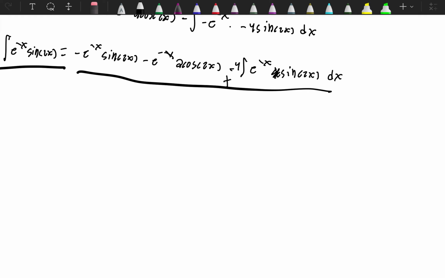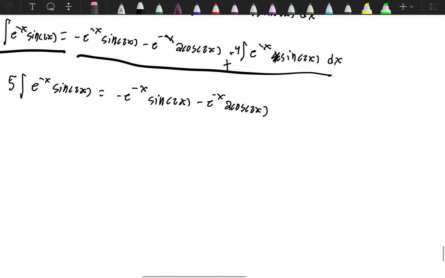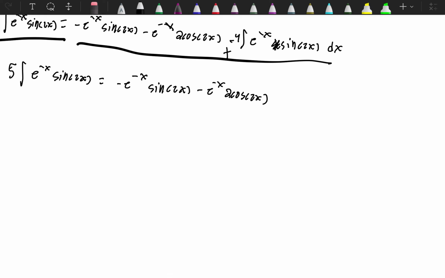Now you have 5 times the integral of e to the negative x sine of 2x equal to negative e to the negative x sine of 2x minus e to the negative x 2 cosine of 2x. And since you want to isolate the variable, you can just divide by 5.